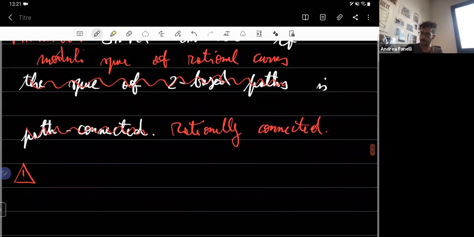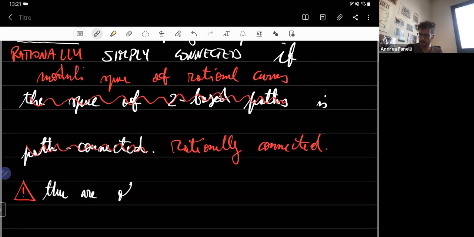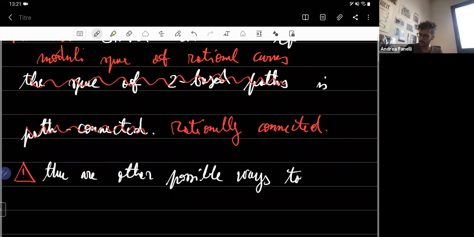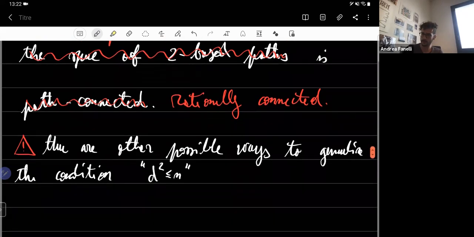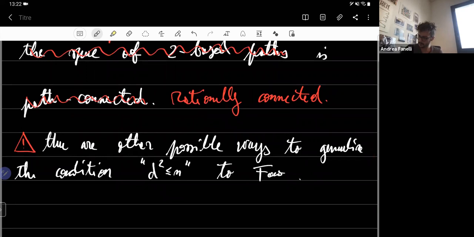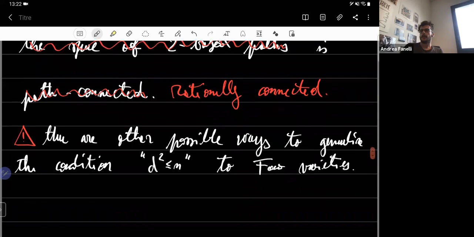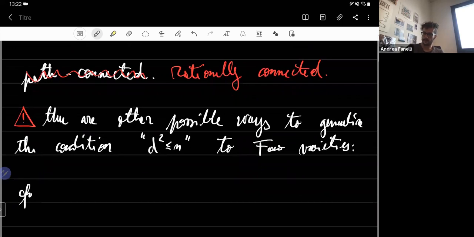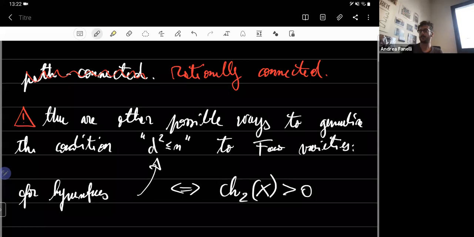So there are other possible ways to generalize the condition d squared less or equal to n to Fano varieties. What is another possible one? For hypersurfaces, this condition is equivalent to asking if the second Chern character of X is positive. This is just a Chern classes computation.